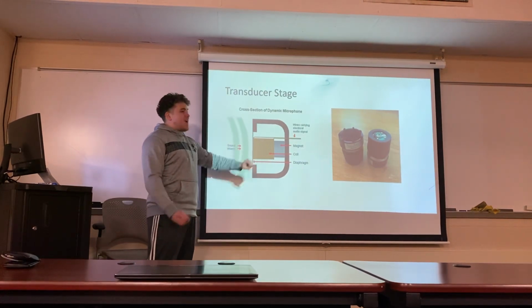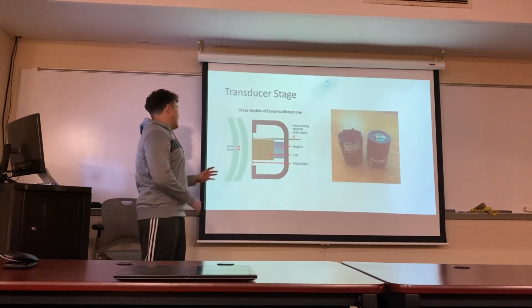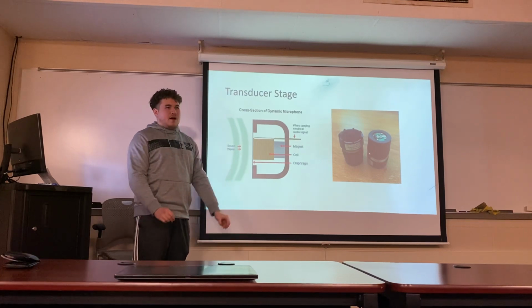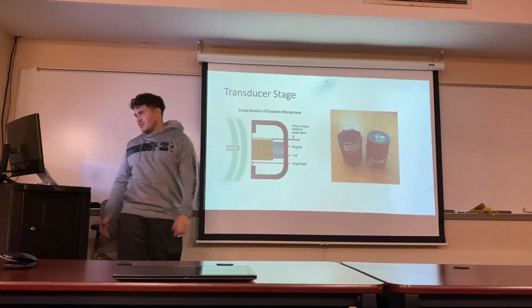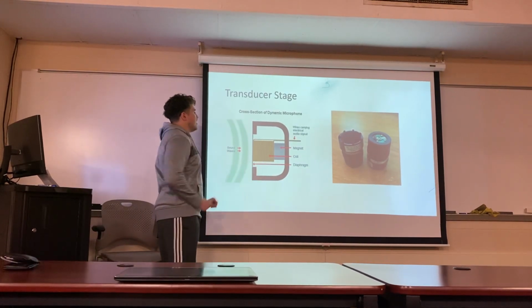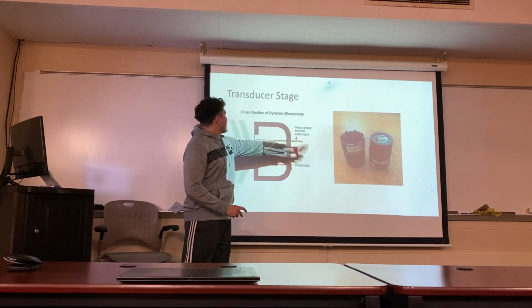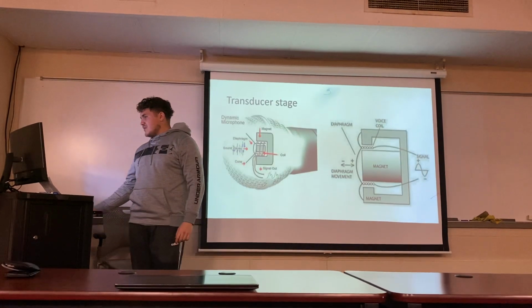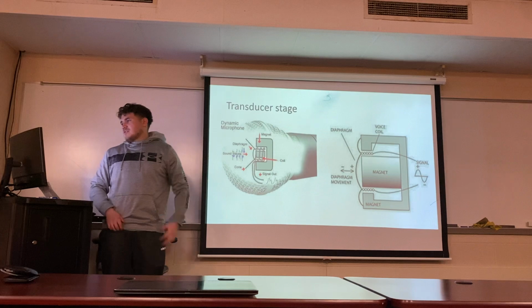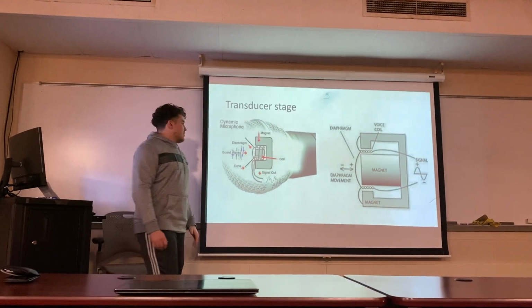Your coil and magnet create a magnetic field, and your diaphragm oscillates at the exact same frequency as the sound waves. So here's a picture of your diaphragm, and here's a picture of the cartridge that has it all together. That's the actual one.